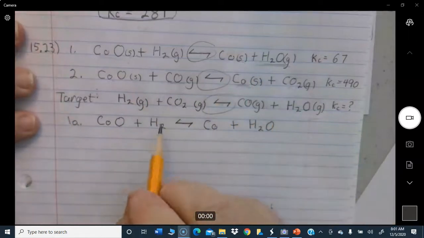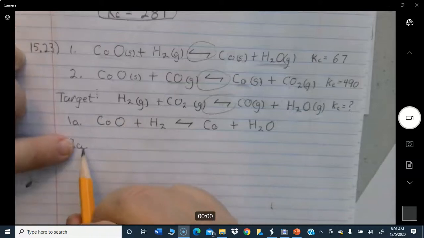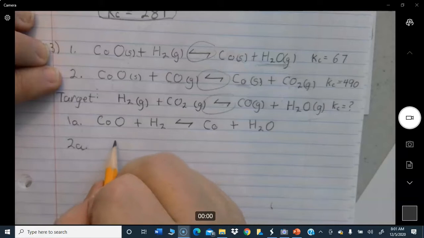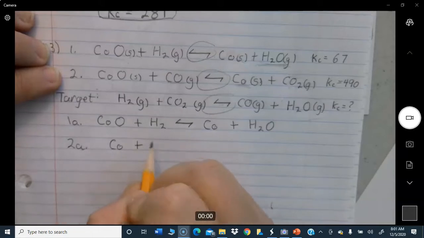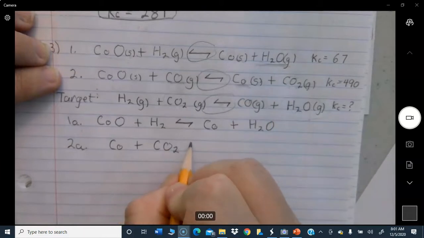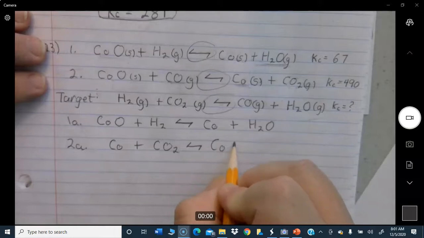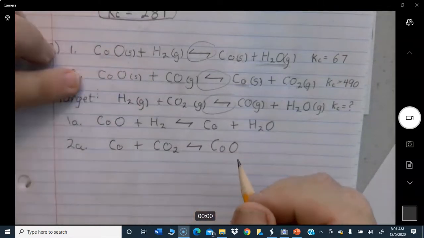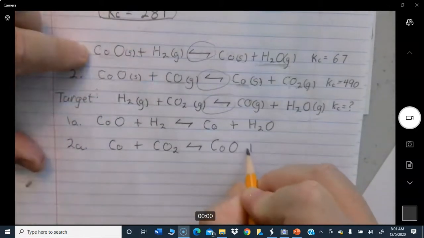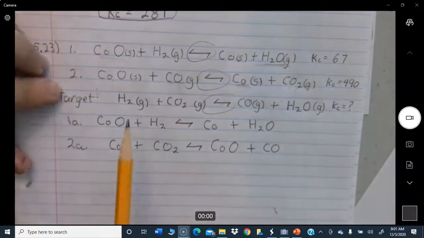I just copied it straight up. And 2a just means my second version is the reverse of this. So we're going to reverse it. So CO and CO2 come over to the left side, and cobalt oxide and carbon monoxide come over to the right. Okay, so let's double check my work.